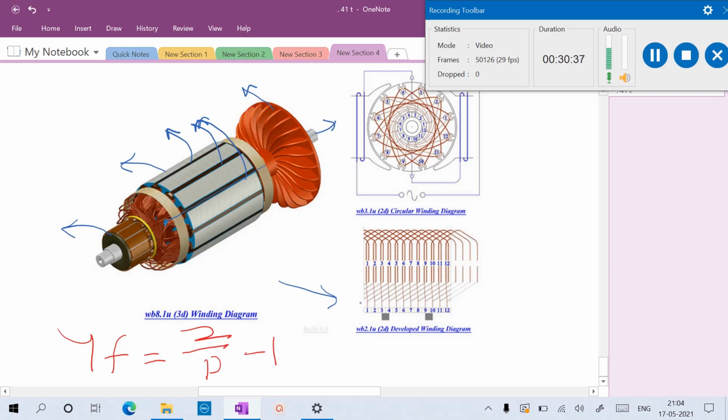If you observe from this side, you are going to get this. For the two pole machine, this is a north pole, this is a south pole, and this winding is connected. These are the end connections, just like a plough. This is the front connection, and this is the end connection.